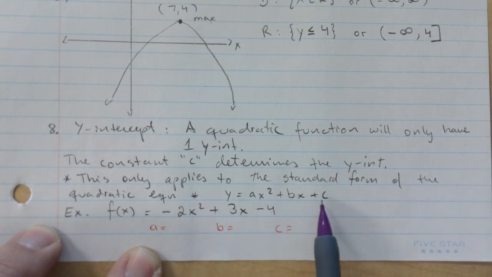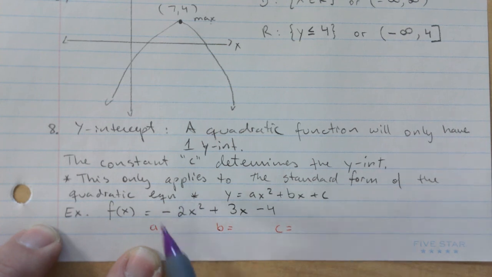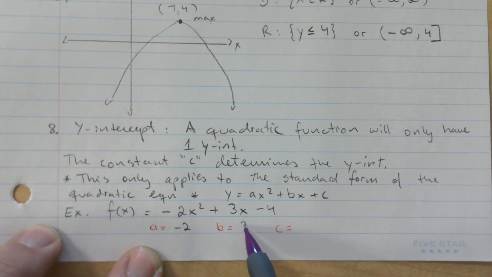Using this format, right? A is always in front of x squared, so it is negative 2. It's not negative 2x squared. A is just the value in front, so it's negative 2. B is positive 3. C is negative 4.